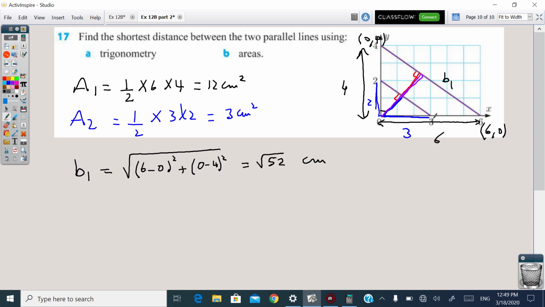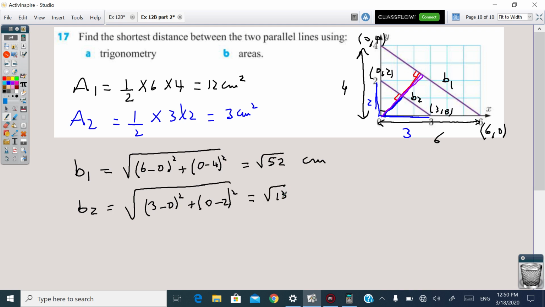Similarly, this point is 3, 0, and this point is 0, 2. Let's call this base 2. So base 2 is equal to the square root of 3 minus 0 squared plus 0 minus 2 squared, and this equals root 13 centimeters.